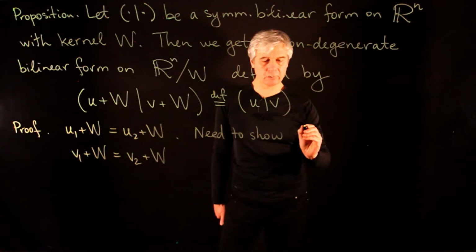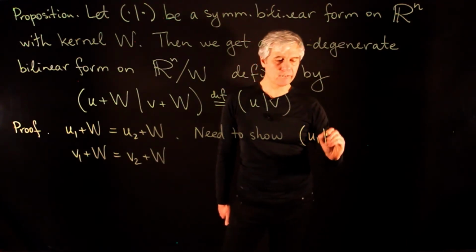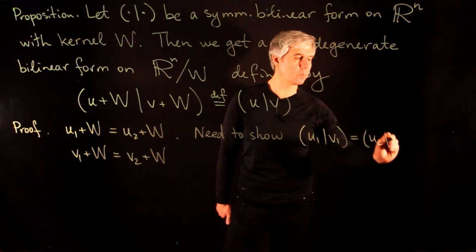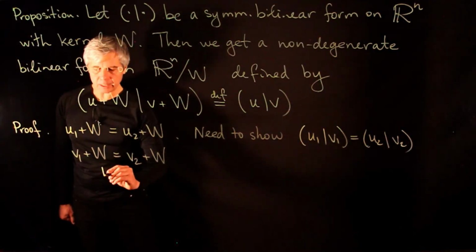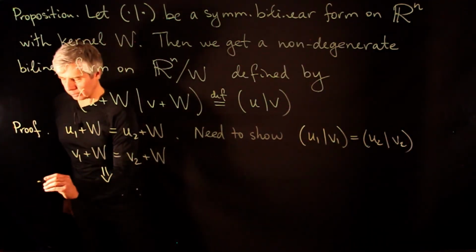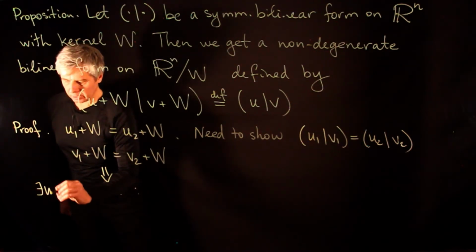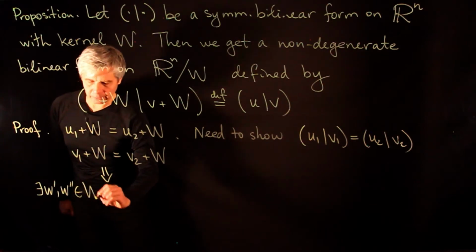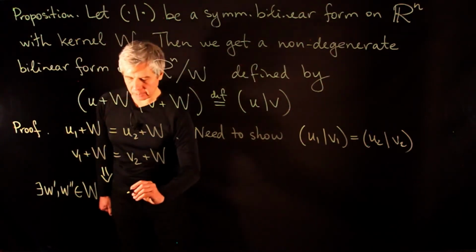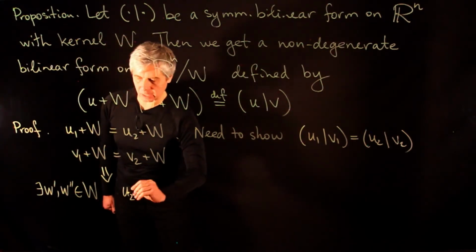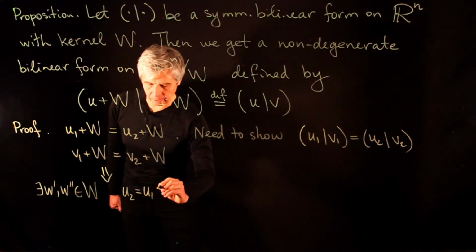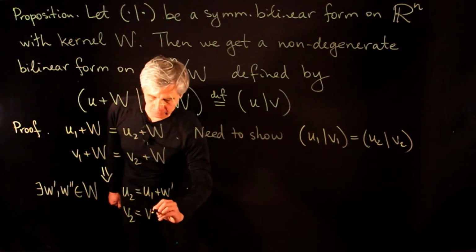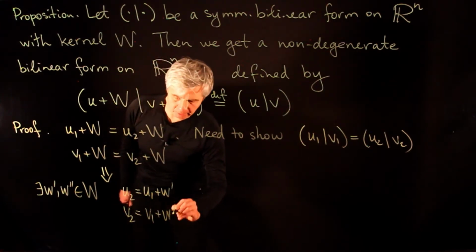So this means that the form of u1 with v1 is equal to the form of u2 with v2. But these equalities imply that there exist w prime and w double prime in the kernel such that u2 is equal to u1 plus w prime and v2 is equal to v1 plus w double prime.